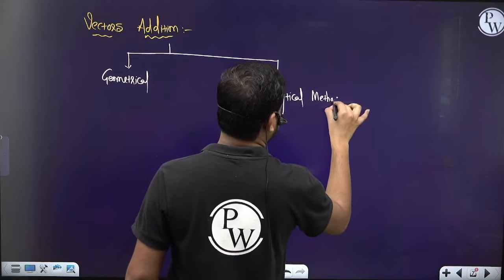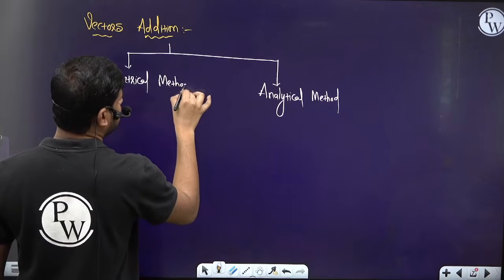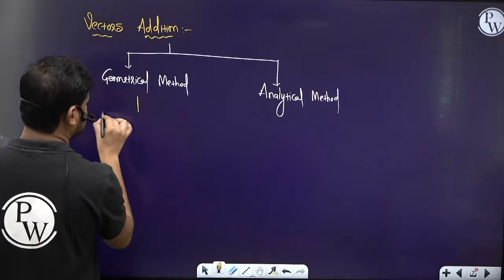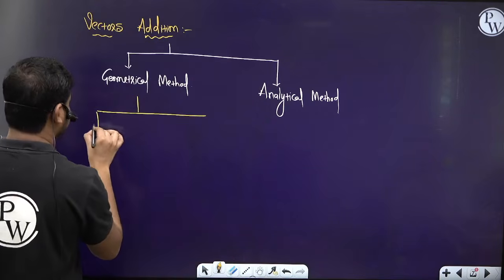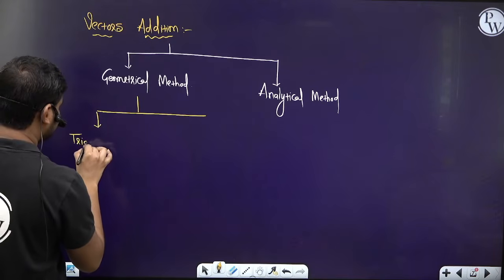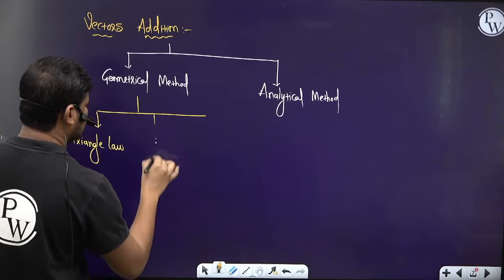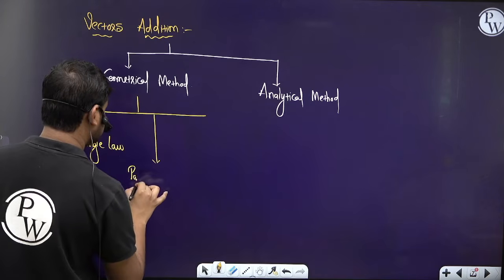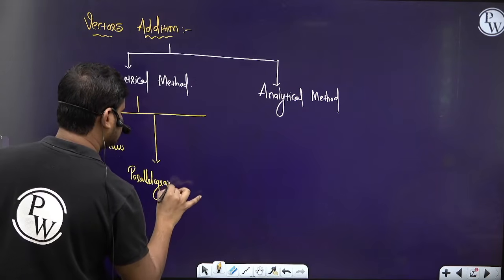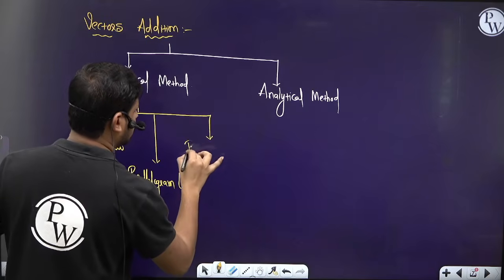Okay, so these are the two methods. In the geometrical method, there are not two, but three. Under the geometrical method, one is the triangle law, another is the parallelogram law, and the next one is the polygon law.